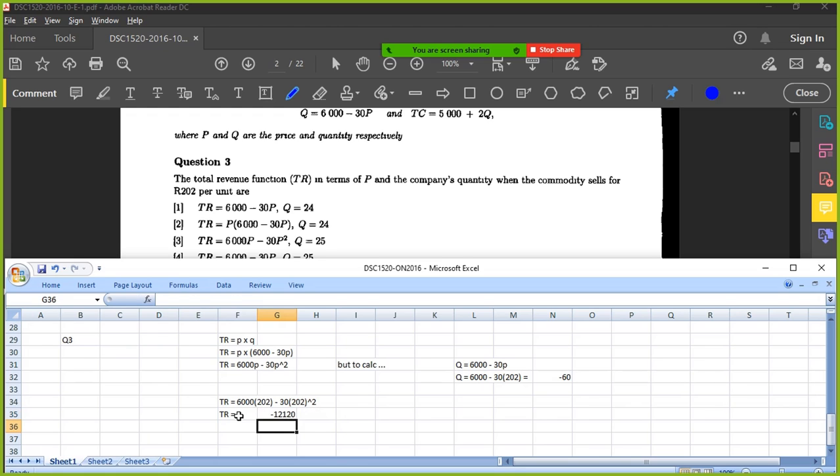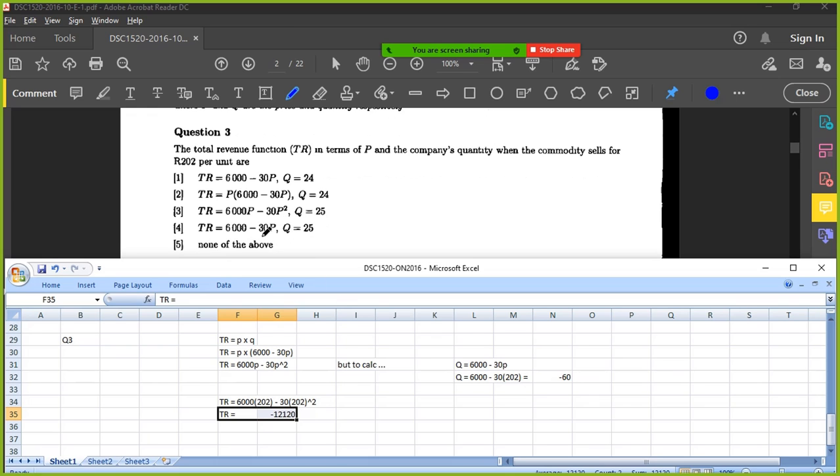That gives us the revenue, and that's actually a loss. You're going to end up with a negative here. So the price needs to be more to break even, but that's not what they're asking for.